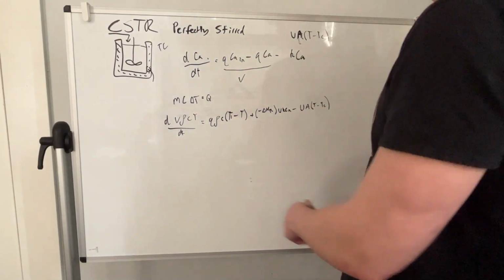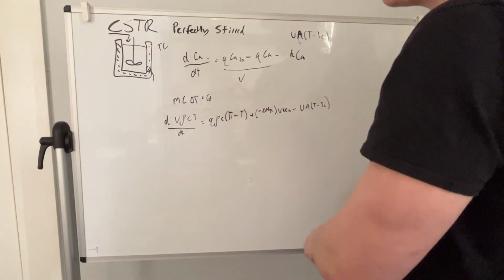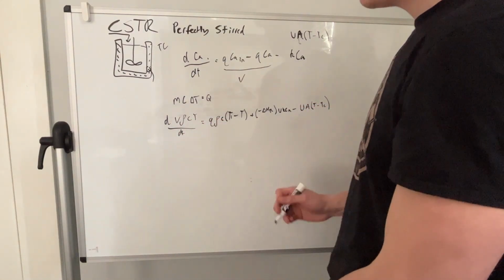And now, since we know our volume, density, and our C will be constant, we can take these out front and divide by them.